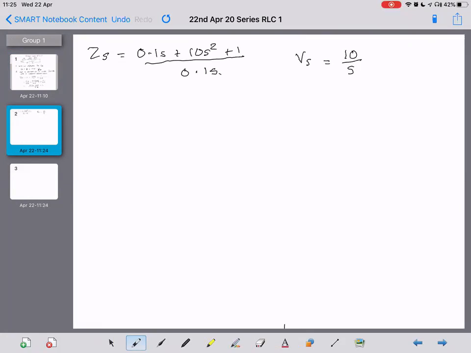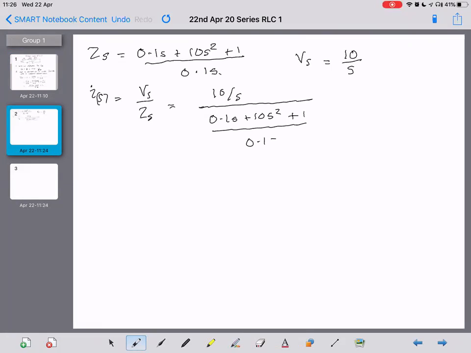So we can now write I(s) as equal to Vs over Zs, which is 10 divided by s, all divided by 10S squared plus 1 over 0.1S.